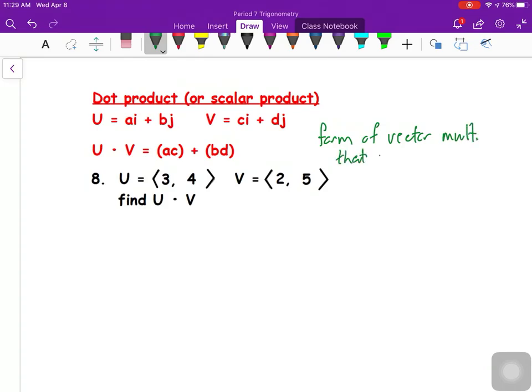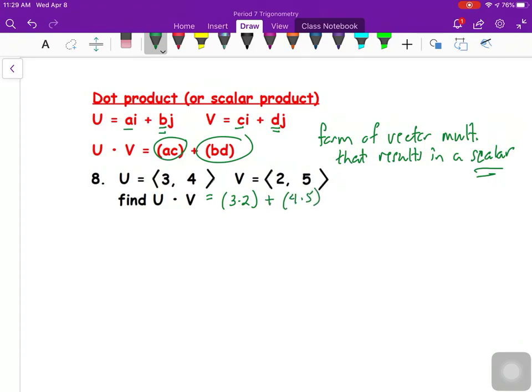Dot product. Now, a dot product is actually a form of vector multiplication that results in a scalar for the answer. And what we do is we multiply the horizontal components, and then we multiply the vertical components, and then we add those values together.